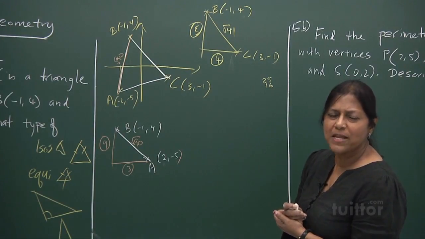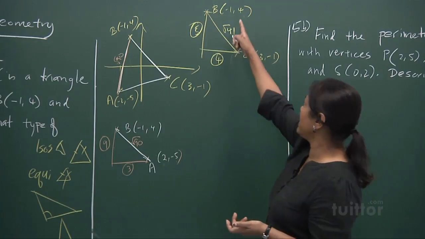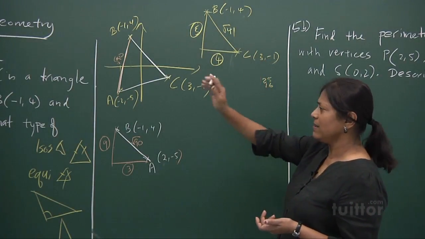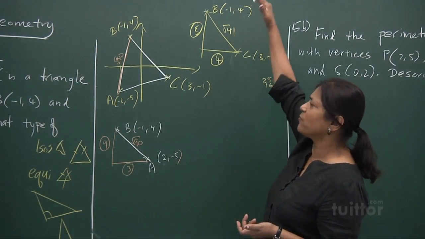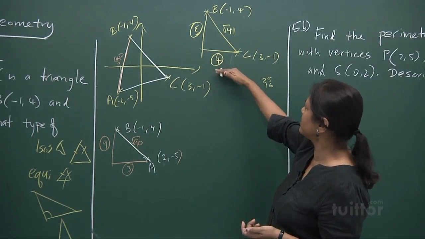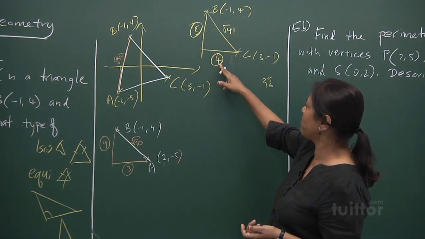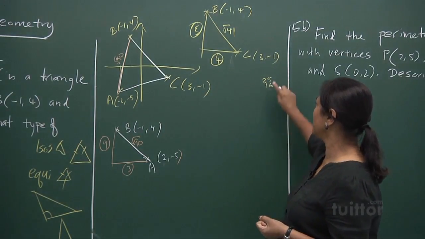So when you feel a sense of suspicion, check it out again. Minus 1 moving to 3, it's 4 units. From minus 1 to 4, the vertical distance, you've got 5 units. So 25 plus 16, it is 41.